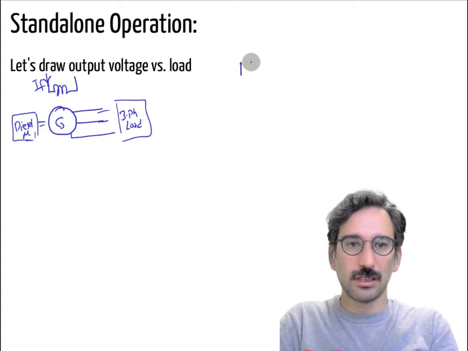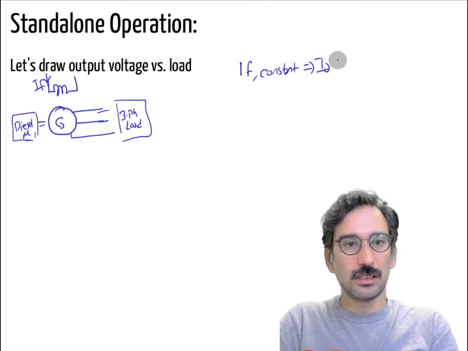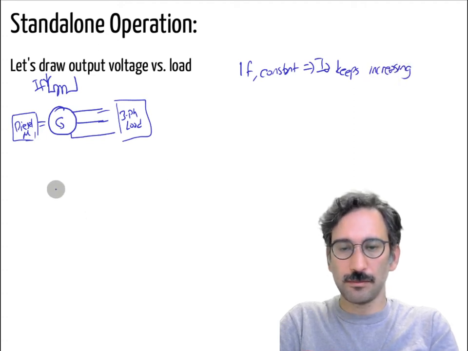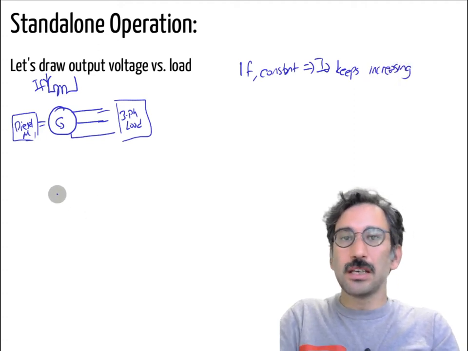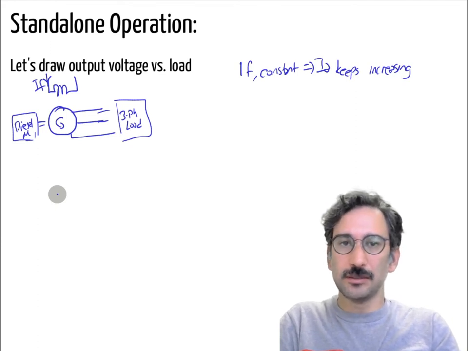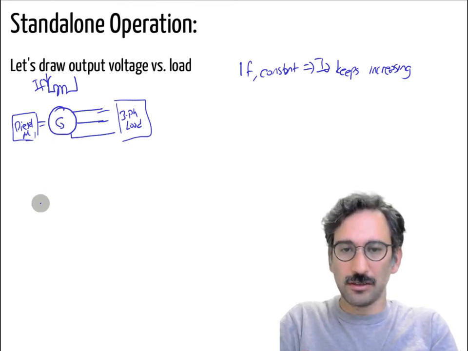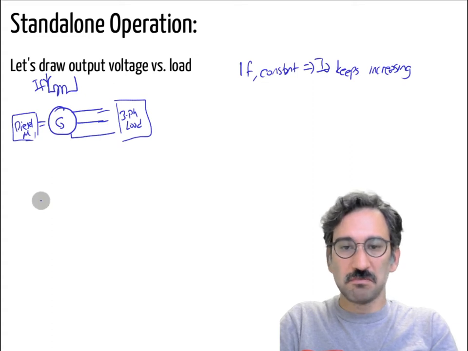So we will keep IF, the field current, constant, but the armature current, the load, keeps increasing. Again, it can be in different power factor conditions. Let's see unity power factor first.